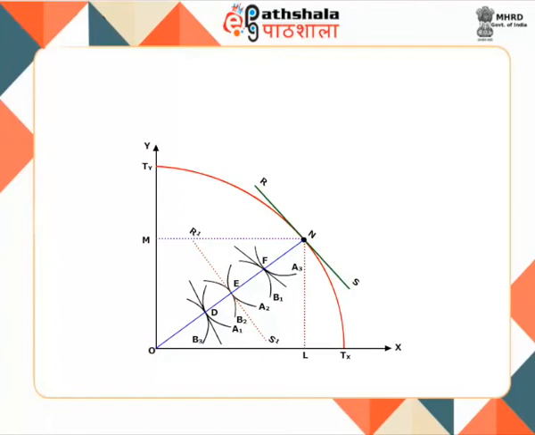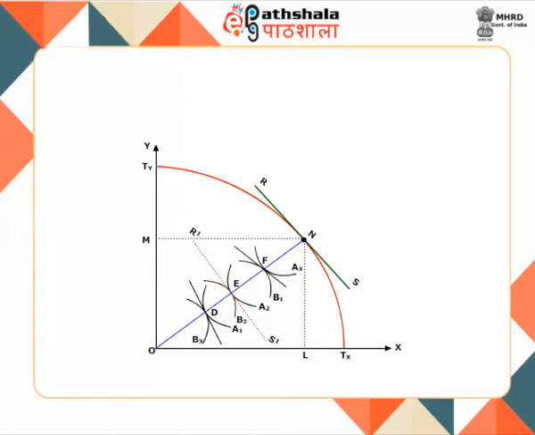There are several points on the production possibility frontier, the transformation curve, each representing a different production equilibrium, indicating a different output mix of the two goods.